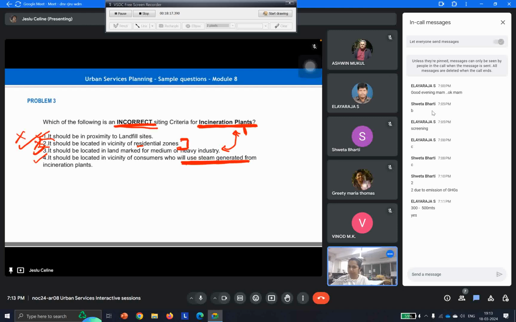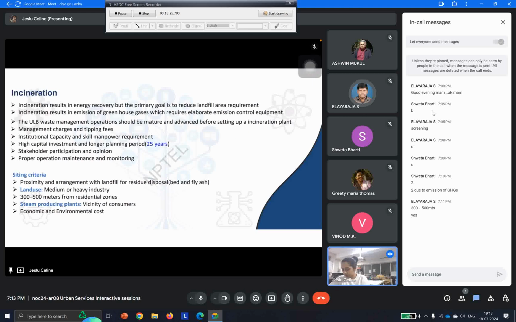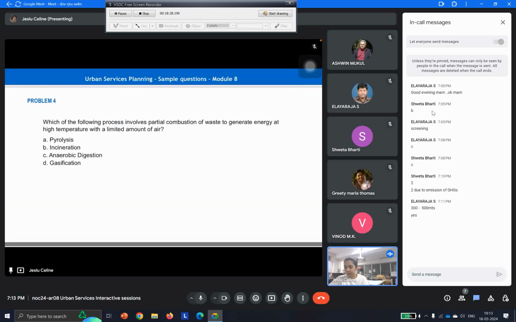Right, correct. Okay, so let's proceed on to the next. Yeah, so this was the answer. So yes, as correctly pointed out, 300 to 500 meters from residential zones. It should not be placed very close to residential zones. Very good. Let's proceed on to the next question.